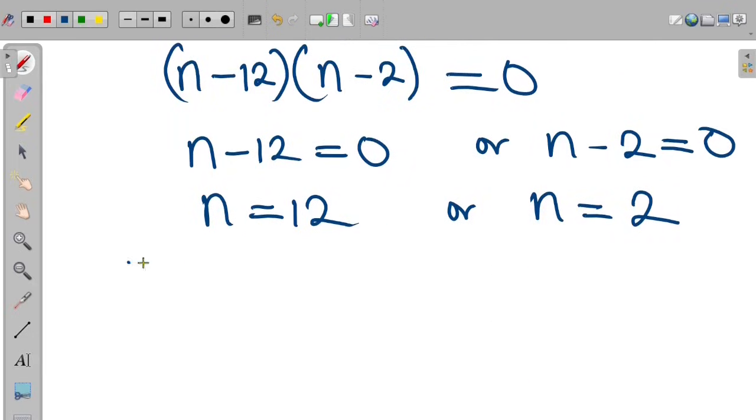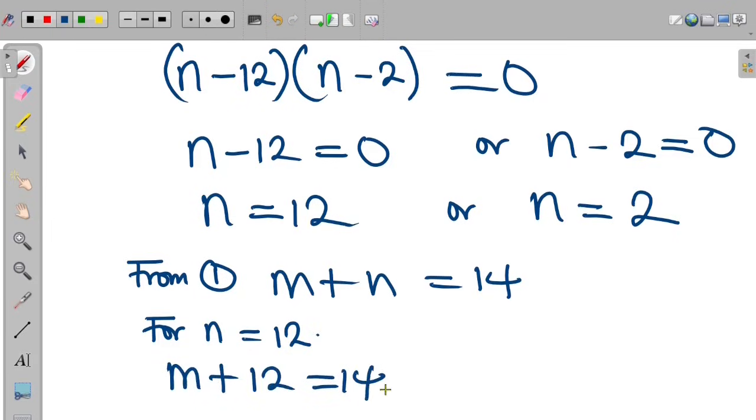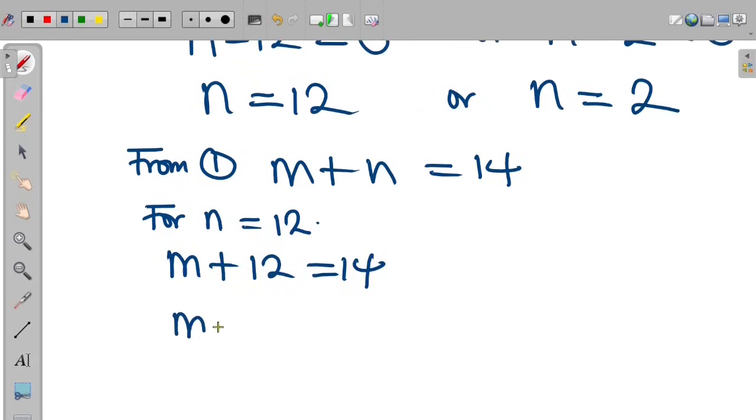So from equation 1, we have that m plus n is equal to 14. For n equal to 12, we have that m plus 12 is equal to 14, so m is equal to 14 minus 12. m is equal to 2.